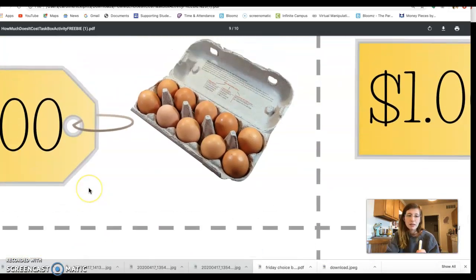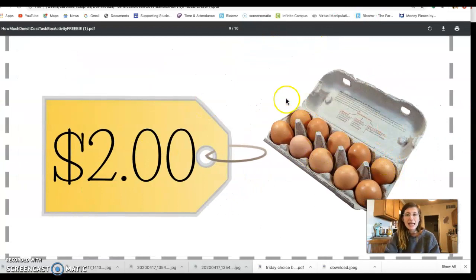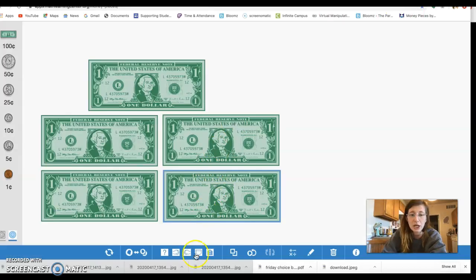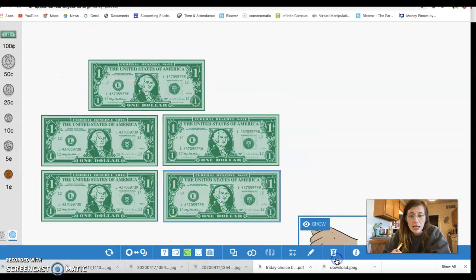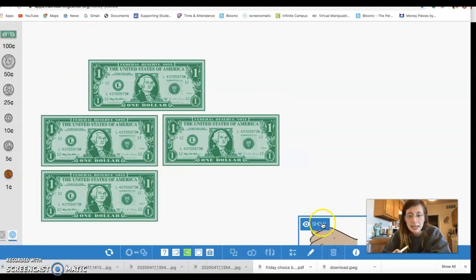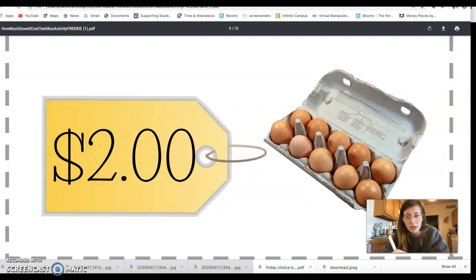What's this? Yum! We need some eggs. How much are eggs? $2. So let's go ahead and get $2 out. And another thing that you can do, Aiden, is you can subtract it from the amount that you had. So for example, you had 5, so you can subtract the amount to get 2.